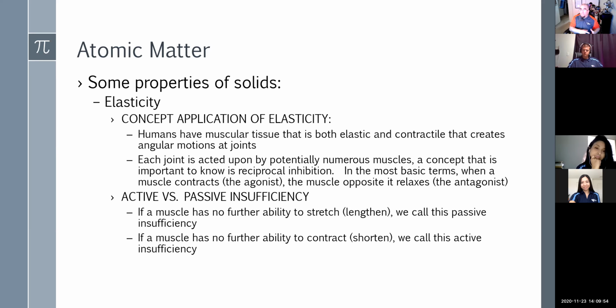That goes along with this agonist and antagonist thought. So when you're thinking about active versus passive insufficiency, the agonist typically is going to become actively insufficient. The antagonist typically is going to become passively insufficient.